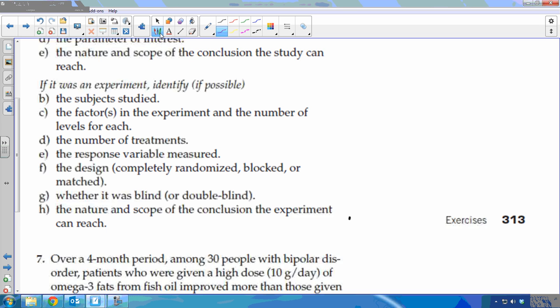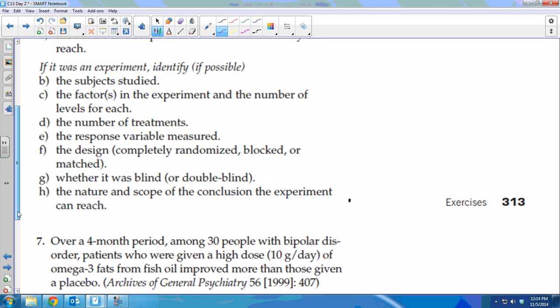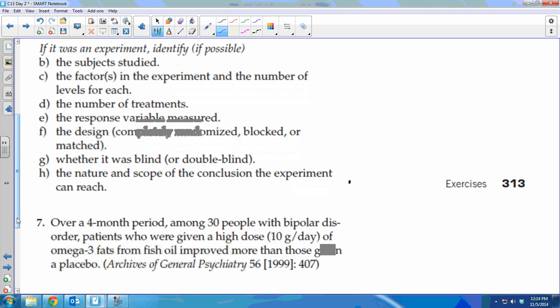So, what were the subjects studied in the question? Who are your subjects? 30 people with bipolar disorder. So on C, what is the factor and the number of levels? So what is the thing you're changing? Yeah, what are you changing in this?